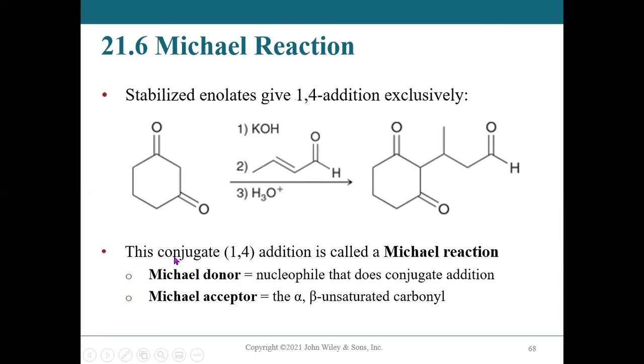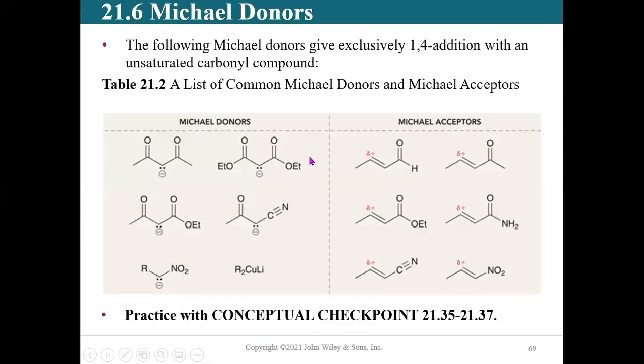This conjugated 1,4 addition is called the Michael reaction. We'll see the Michael donor is the nucleophile that does conjugated addition. The Michael acceptor will be the alpha beta unsaturated carbonyl. So here is our Michael donor, and this will be our Michael acceptor.